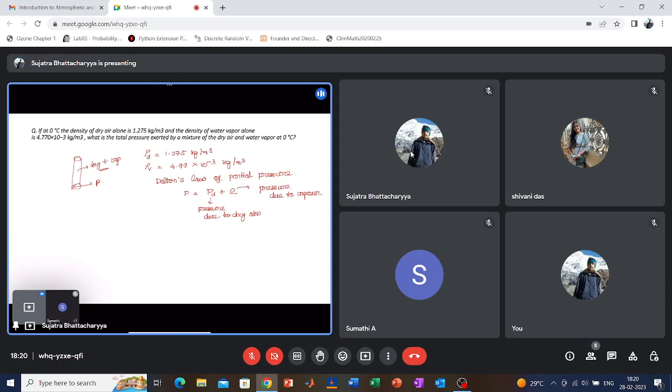Now, how to calculate the dry air pressure and the vapor pressure? We know that the temperature is given, and if temperature is given, it's very easy to calculate the pressure. How? There is the ideal gas equation.